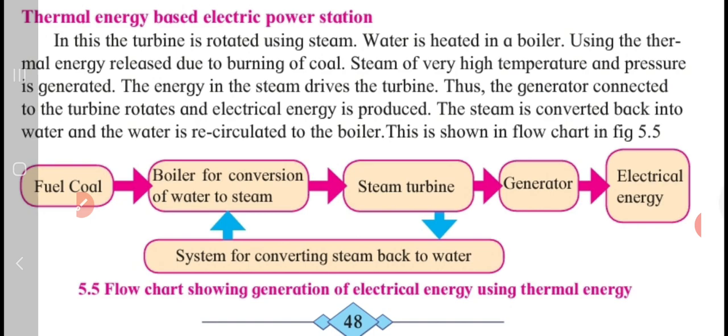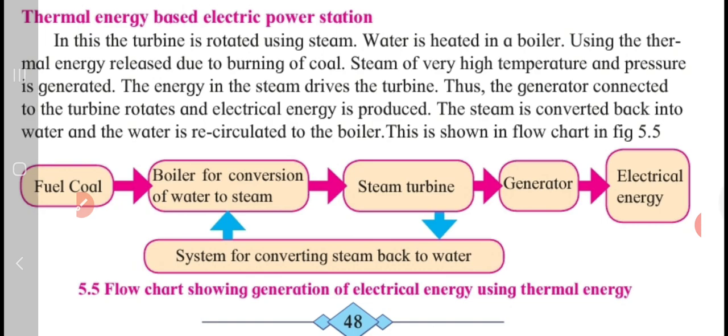So in the last lecture we had discussed energy and its importance, how energy is useful to us in its different forms, and how electrical energy is generated on the principle of electromagnetic induction, how a generator works.